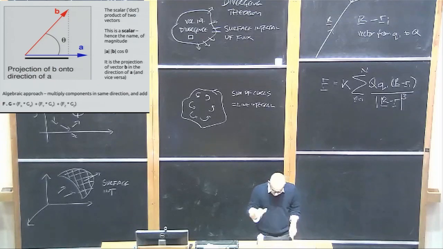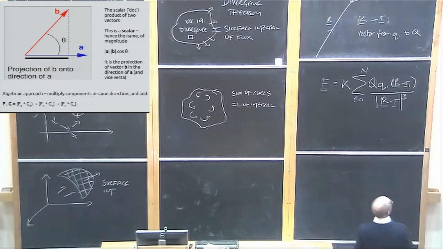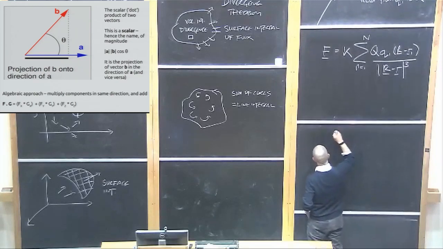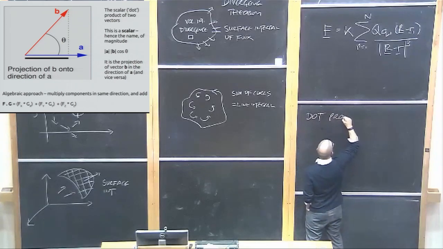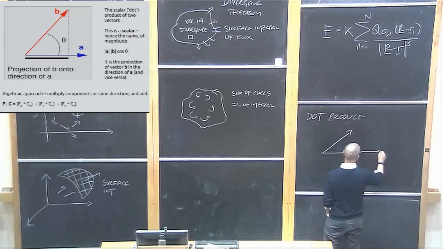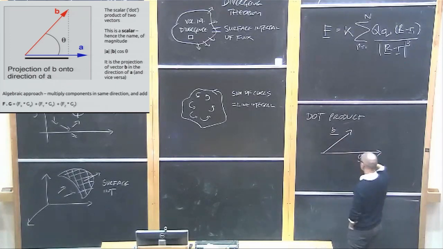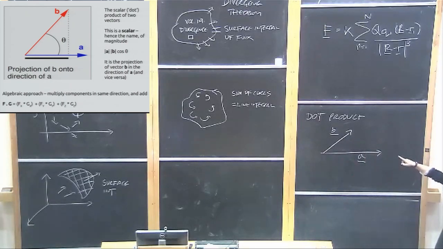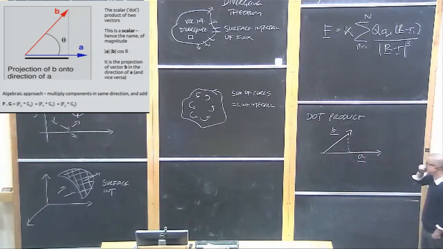All right. So again, some things which you already know. The dot product of two vectors is a scalar, and that is the projection of B onto A. So if I do the dot product of those two vectors, B onto A, then essentially what I get is this.